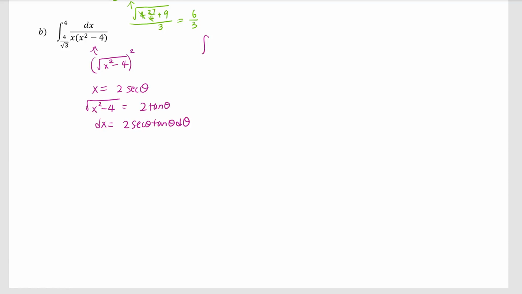And then now let's calculate the indefinite integral. So remember, we can view this as the square root square. So dx is 2 secant theta tangent theta d theta. x is 2 secant theta.